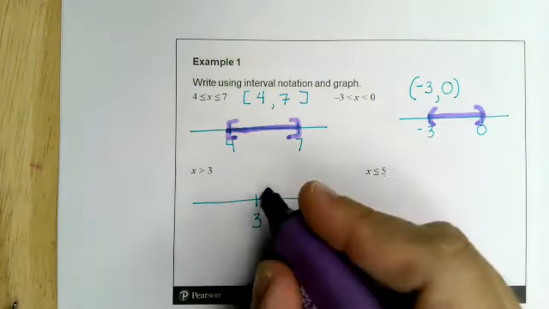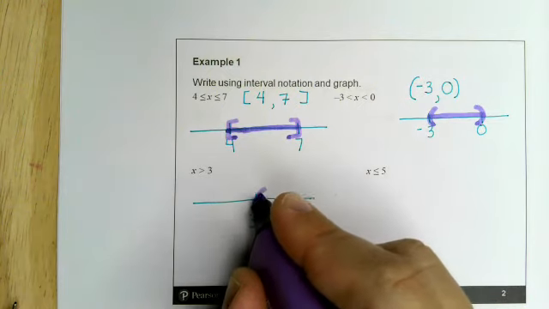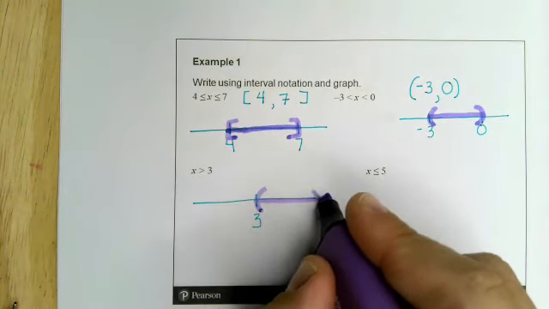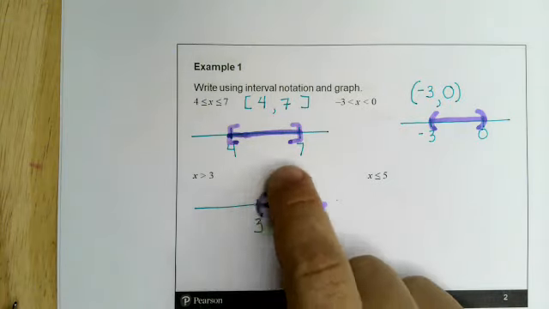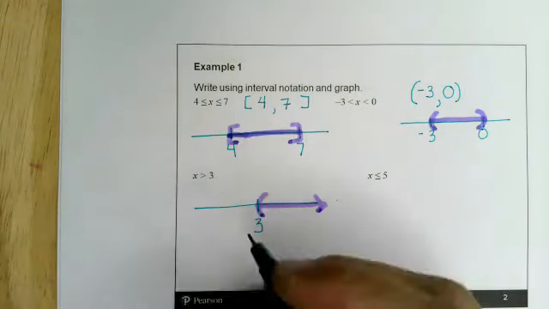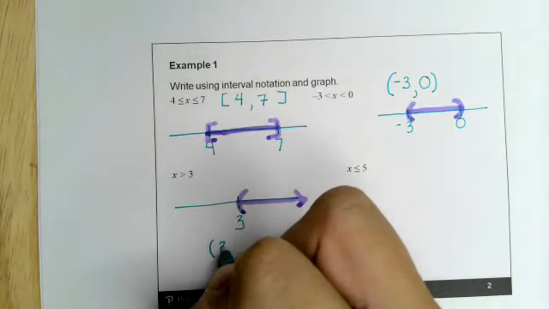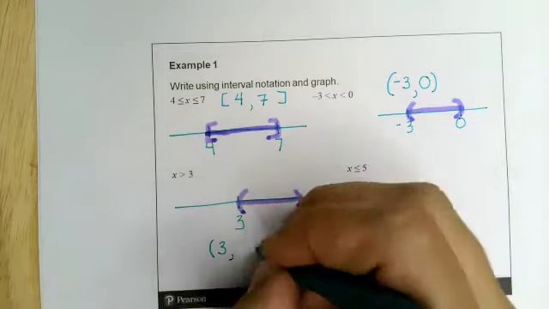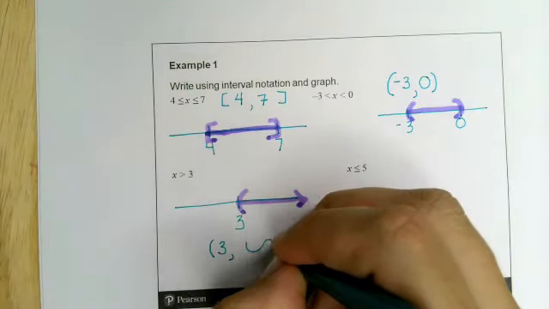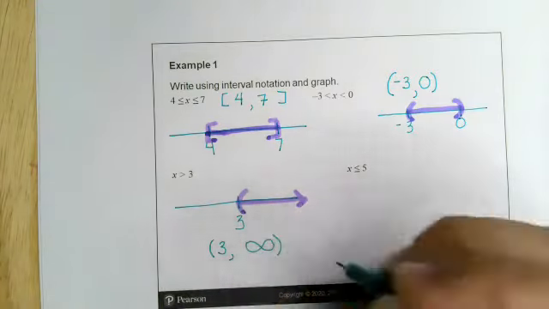It does not include 3, so I'm going to use my parentheses. Now I see the parenthesis is going this way, so 3 is my first number. 3 is the smallest number it can be, and it goes on forever. Forever is infinity.